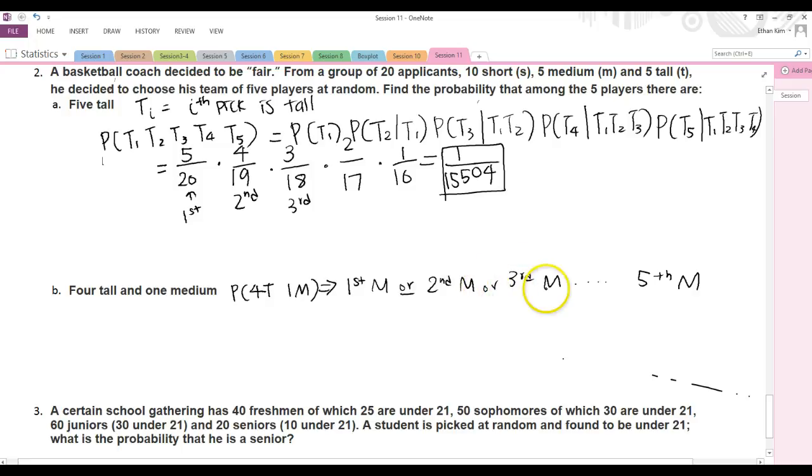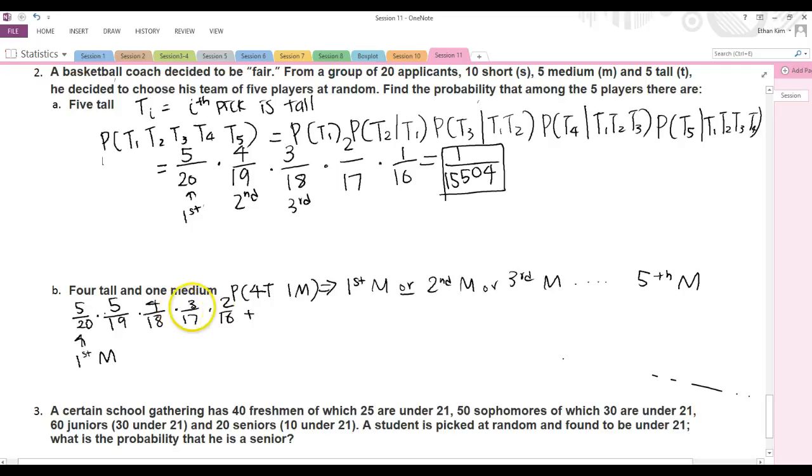Just thinking about that, let's assume that the first one is a medium, right? Then we would have 5 over 20, and then we would have 19 of them left, but we still have 5 tall people, right? This is 18 and 4, 17 and 3, 16 and 2, right? So this is when the first is medium.